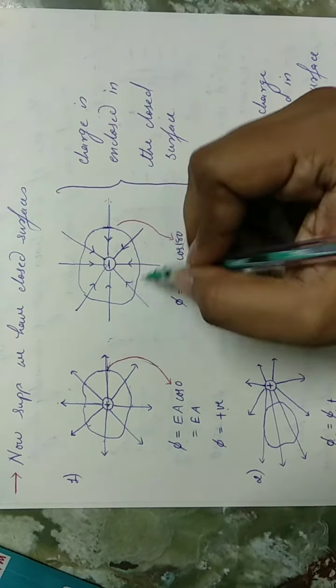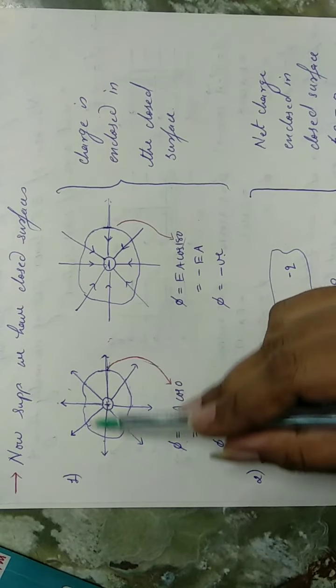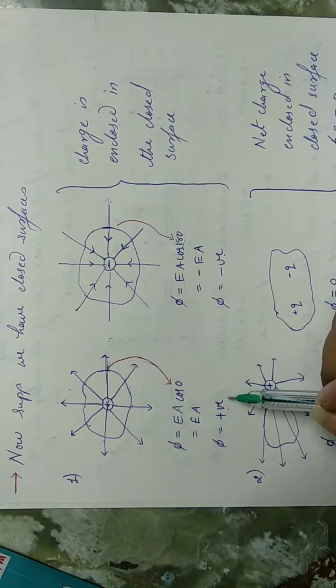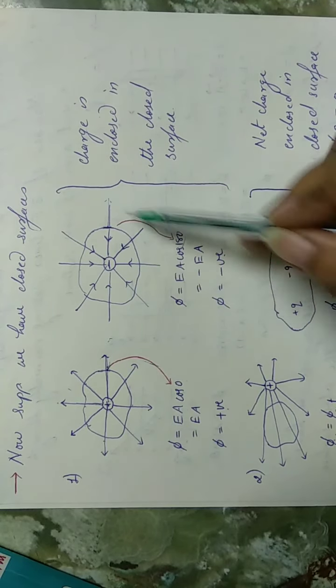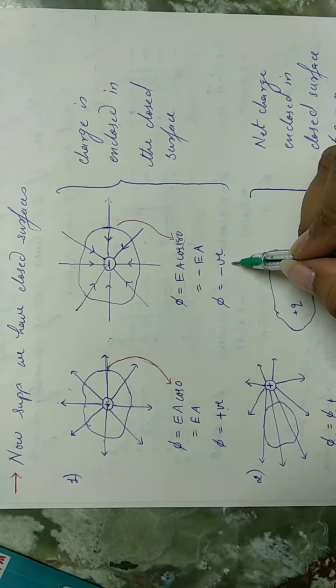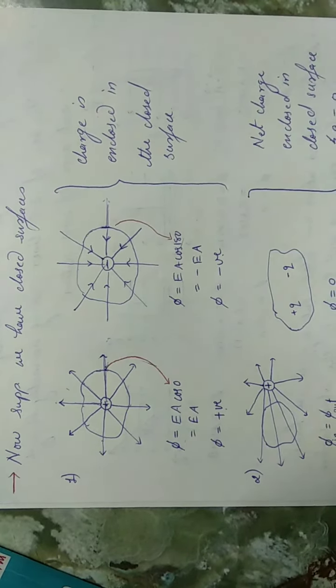So if you calculate for all the surfaces and add all the small delta phi, then the total flux you obtain will be negative. So just remember one thing: whenever there is a positive charge enclosed in the closed surface, the flux is going to be positive, and if a negative charge is enclosed within the closed surface, then the flux is going to be negative. So these two were the cases where charge was enclosed in the surface.